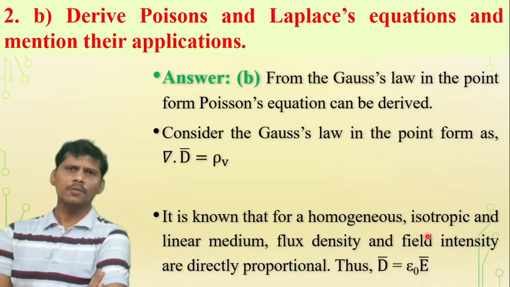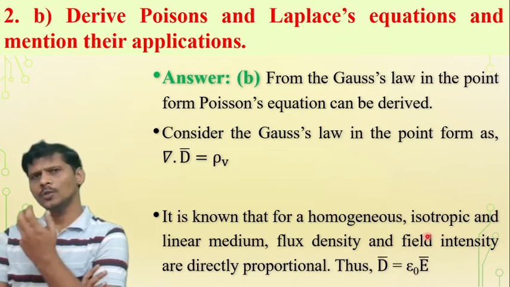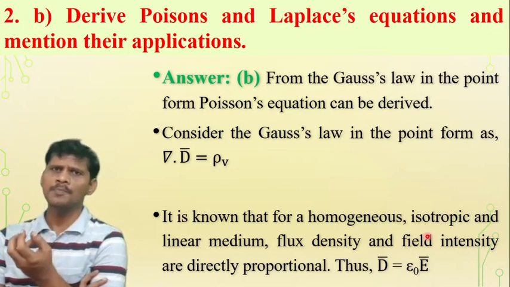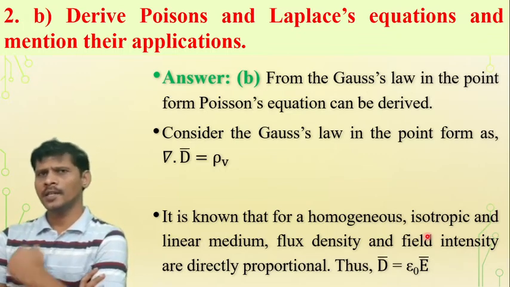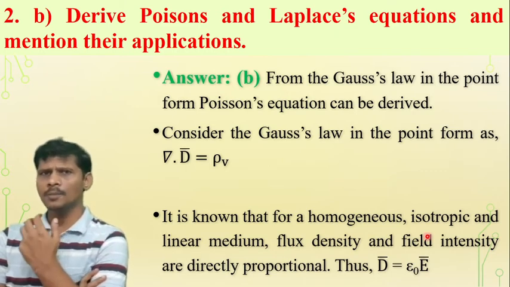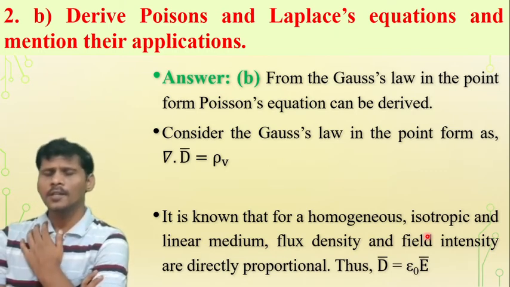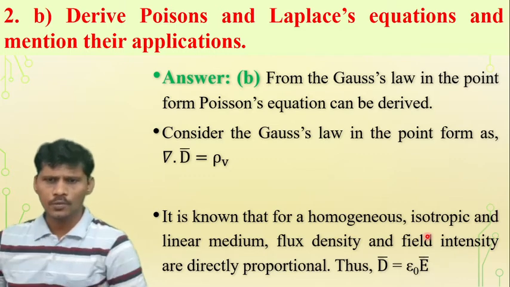We know that for a homogeneous, isotropic or linear medium, the electric field intensity and electric flux density are directly proportional. That is D bar is equal to epsilon naught into E bar.